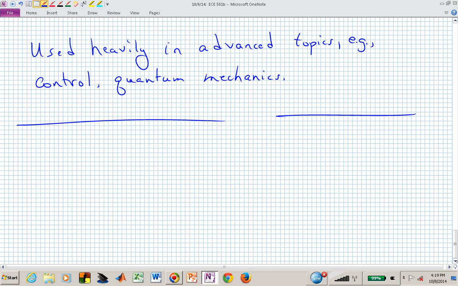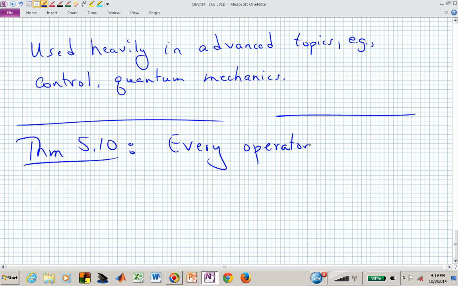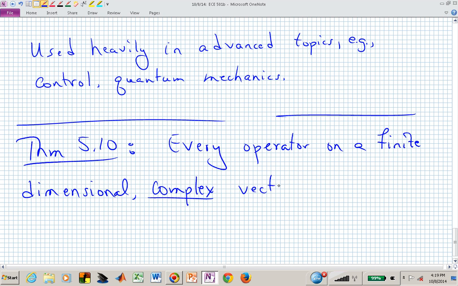Let's now talk about another theorem, which says that every operator on a finite dimensional complex vector space, which I'll abbreviate FDCVS. It almost sounds like a drugstore.